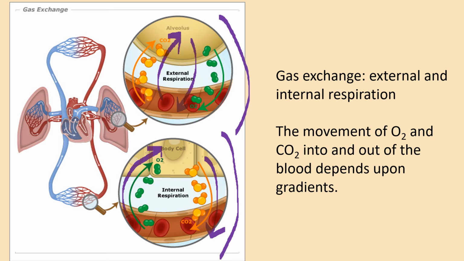And in all cases, whenever oxygen or carbon dioxide move, it's always based on a gradient. You remember that nature abhors a gradient, and a substance is always moving from an area of high pressure, for example, to an area of low pressure, or from an area of high concentration to an area of low concentration.